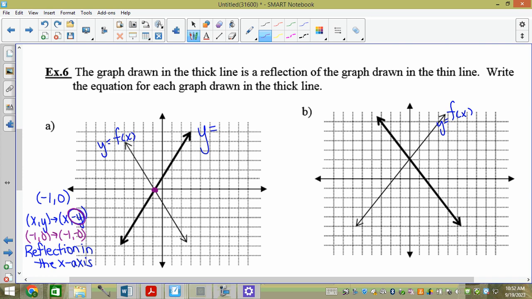So this is actually negative f of x. And when it's in front, it's a reflection in the x-axis. Now this one has an invariant point on a reflection in the y-axis.